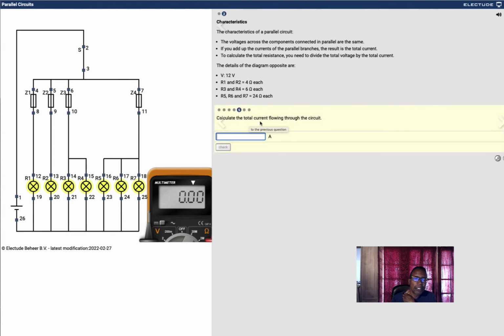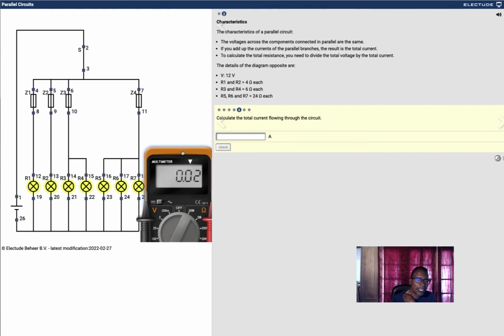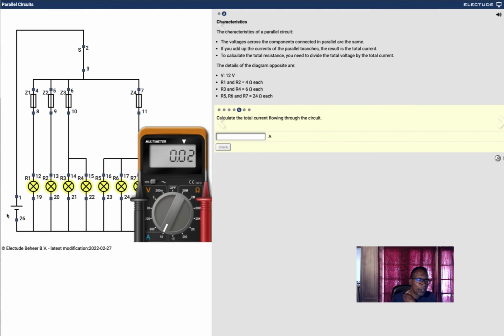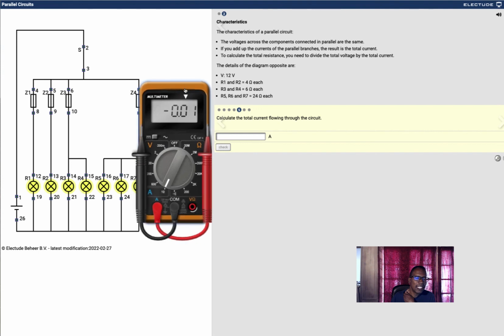Calculate the total current flowing through the circuit. Now, hold on now. We want the current through the whole circuit. Everything now. It'd be nice to have a clamp we can put over here, but we don't. That doesn't open.